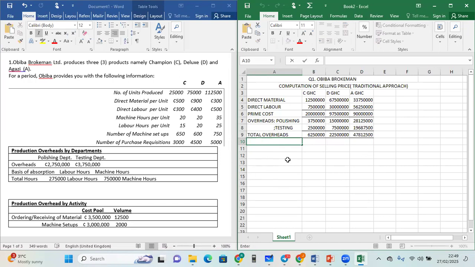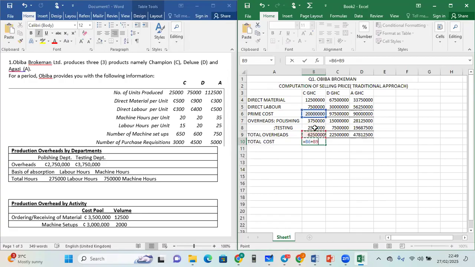Now, if you want to get the total cost, remember total cost is what? The prime cost plus overhead. So it is going to be equal to this plus the total overhead.